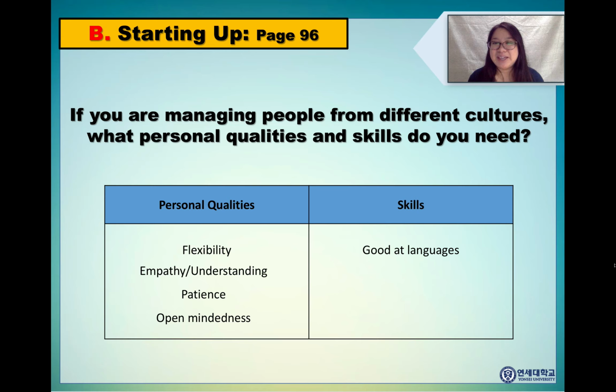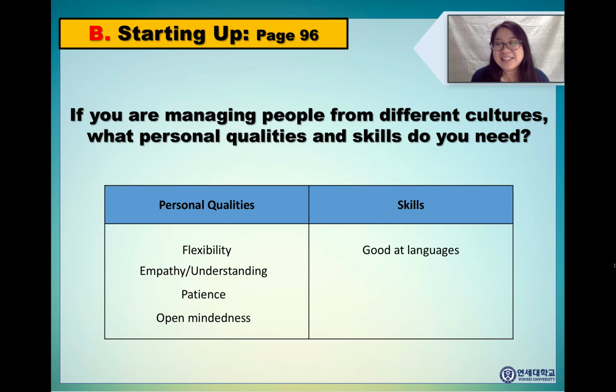We also need patience. Maybe there's some difficulty with communication, or they work at a different pace. And of course, we need to have open-mindedness. Sometimes when we are faced with a culture shock, it can be very alarming. And we need to have an open mind and accept that things might be different for different people.